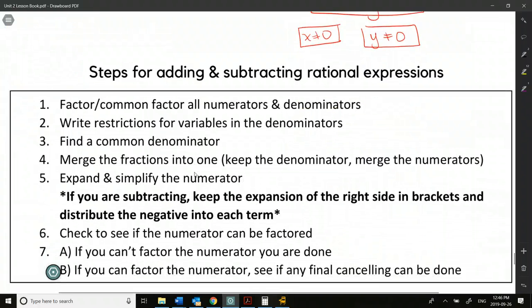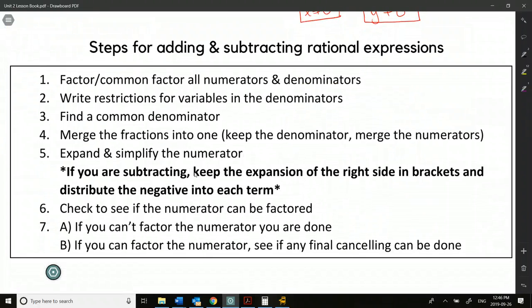Now, when I'm working with more complex expressions, I will have to expand and simplify the numerator. The major difference is that if I'm subtracting, we'll keep the expansion of the fraction on the right side in brackets and actually distribute that subtraction into each term in that second bracket. You'll see what I mean once we do a question.